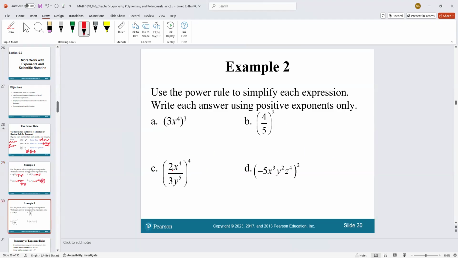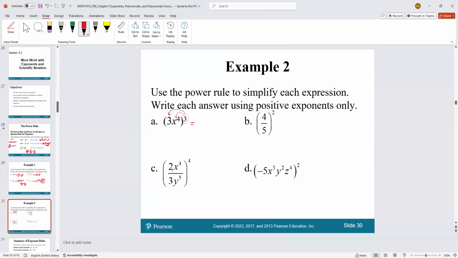A second example: we said use the power rule to simplify each expression. Write each answer using positive exponents only. Always express your answer in simplest form with positive exponents. Now, this exponent right here is outside of the parentheses, which means it's for the x, and it's also for the 3.